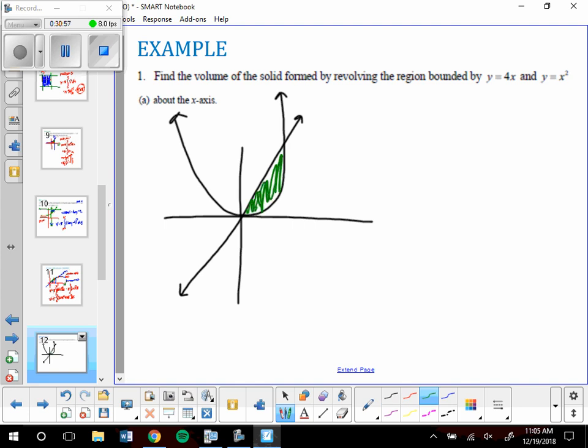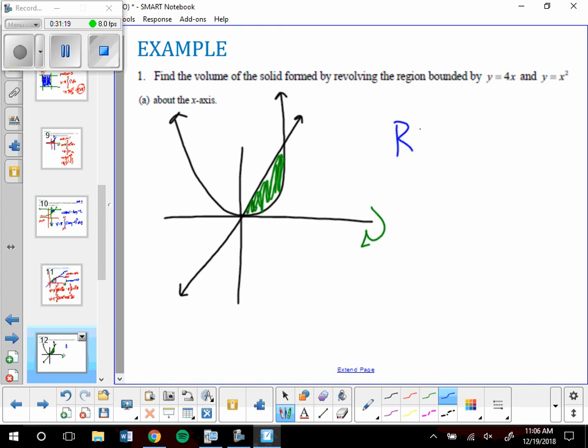So this is the area, and I'm rotating it around the x-axis. Is my volume flush against the x-axis? That means I'm going to have a washer. That means I need an inner radius and an outer radius.